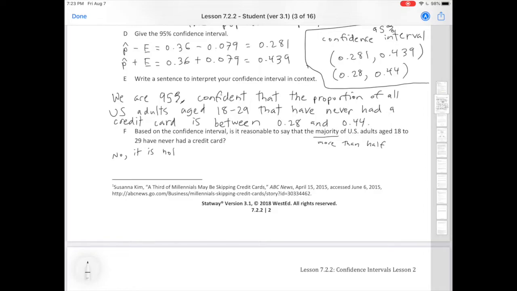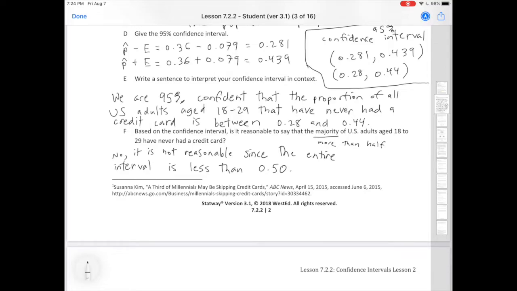So, no, it is not reasonable, since the entire interval is less than 0.50, right? Or less than half.